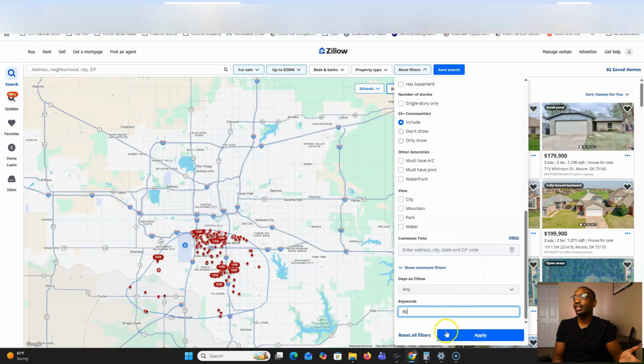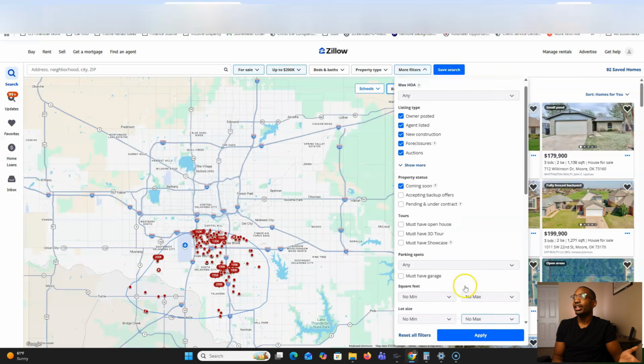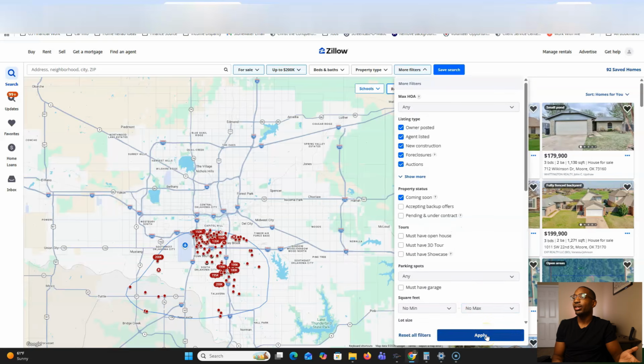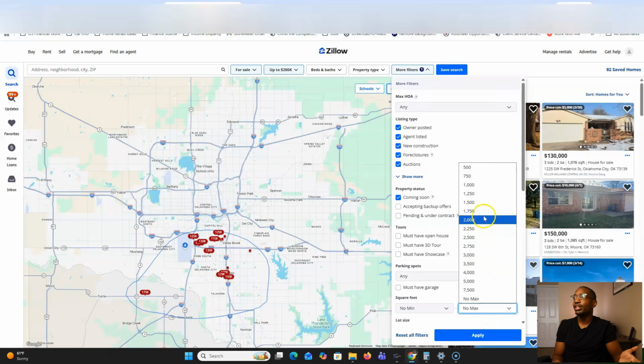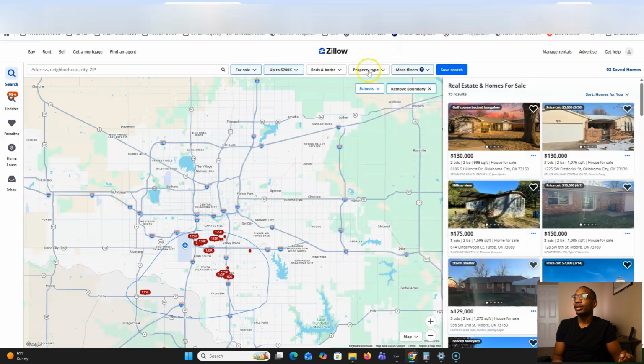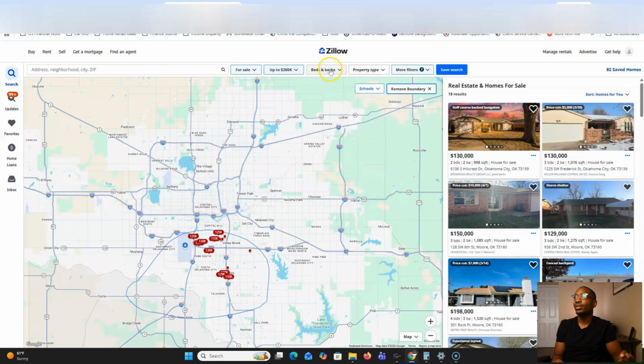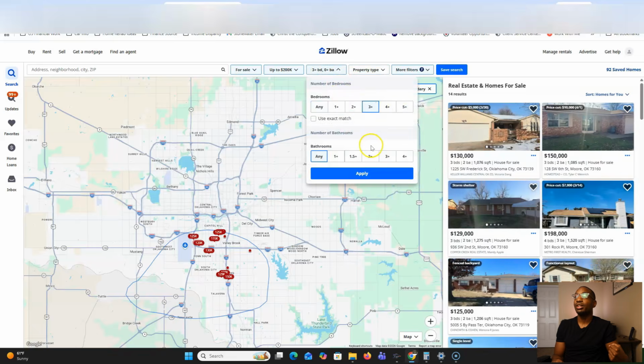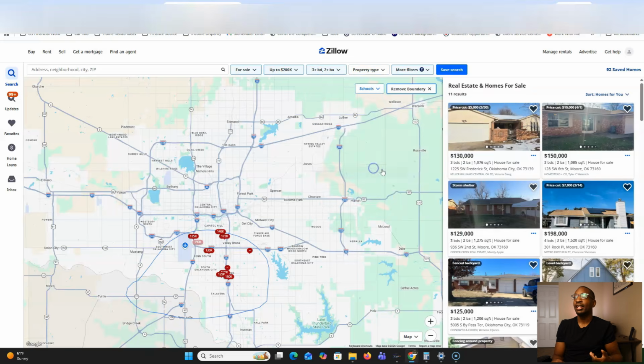It needs some TLC. And I apply. What else can we put that we learned? Okay, max square footage, this amount. And then property type, let's say we only want houses, no manufactured homes. And let's say we do want it to be 3 bedrooms or at least 2 baths. And so we applied all of these here.